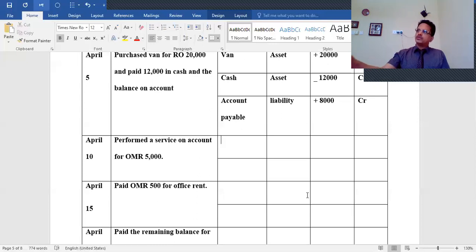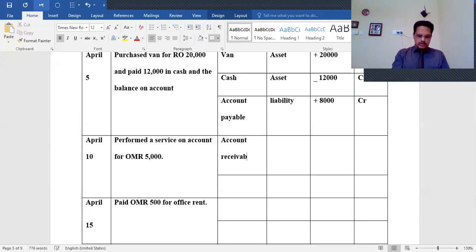Whenever you sold goods or provided service but money has not been received, there will be account receivable. This is very important. When you purchased goods and money is not paid, it is account payable. When you provide a service or sold goods but money has not been received, it is account receivable.